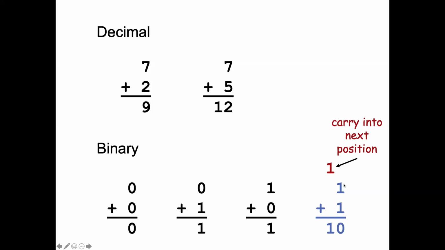So when we carry 2 into the next most significant digit, we just have to write a 1 down as the carry. And once we've taken 2 and put it into the next column, we're left with 0 in the ones place.